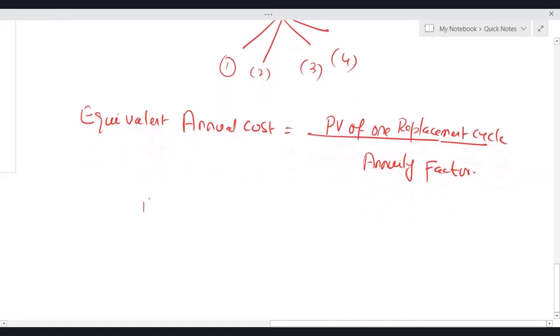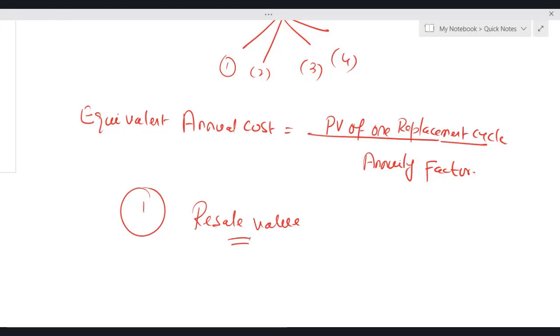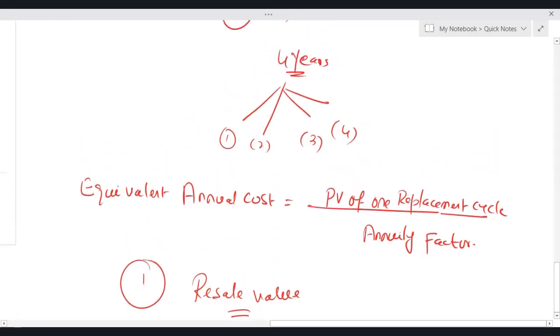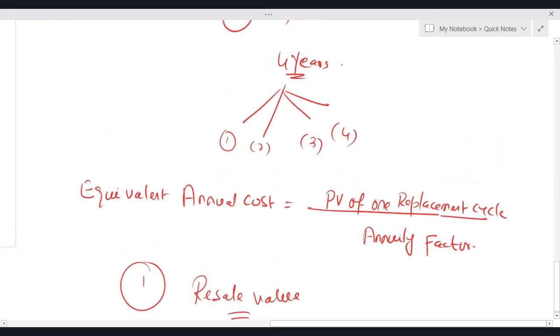Number one, with the passage of time, the resale value of the asset will reduce. Because slowly and gradually, when your asset gets older, the resale value drops. For example, the asset is having a life of 4 years, and let's say we are checking whether we should go for replacement after every 1 year, after every 2 years, 3 years, or 4 years.